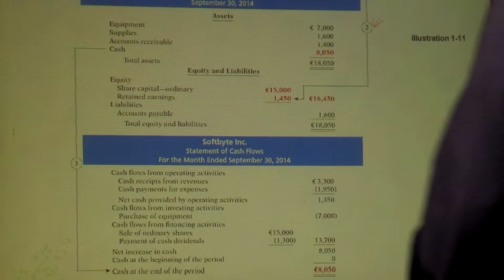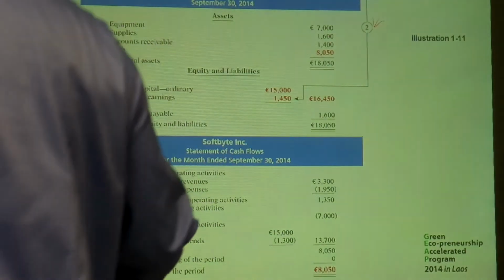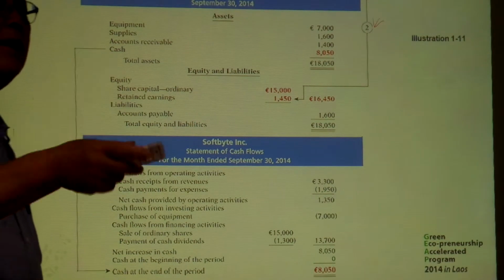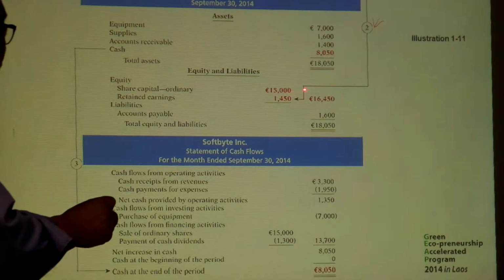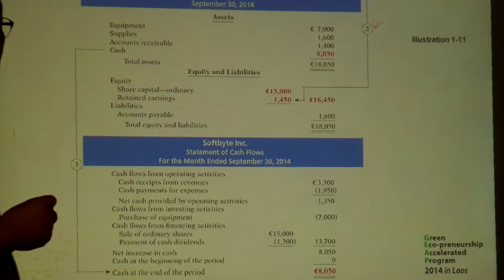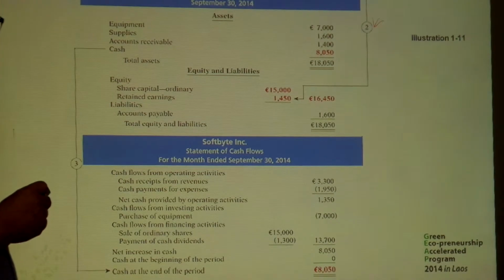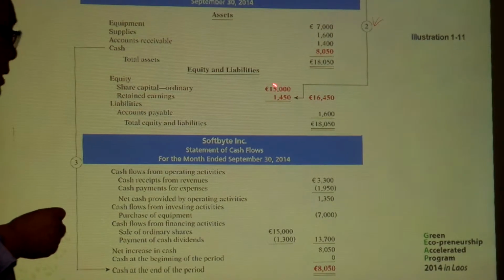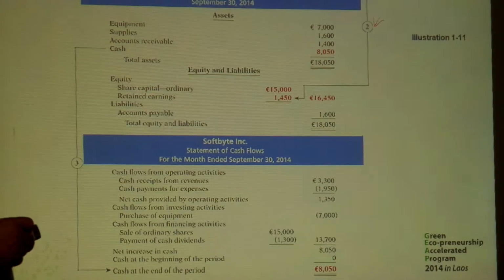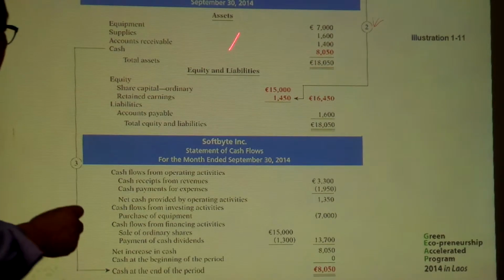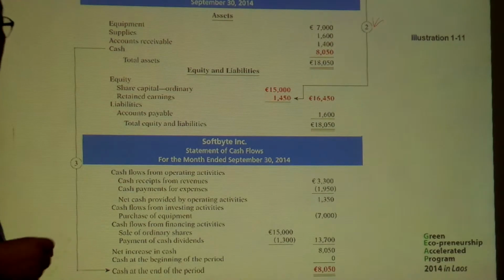For example, this 15,000 for this year. Next year you are going to sell 20,000 more. But if we don't issue stock in the following year, it just stays the same 15,000 in each year. And the next year, if you issue 20,000 more, then you have to add 20,000 here. So the total is 35,000.